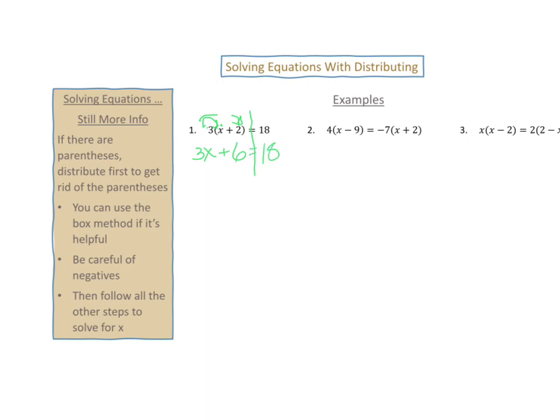Now, since I've done my distribution, I can solve it. I have to remove the 6 because it's over here on the side with the 3x. So I go minus 6, and I come up with 3x, which I bring down from above, equals 12. Last step always, in this sort of situation, is divide by the number in front of x, and you get x equals 4.